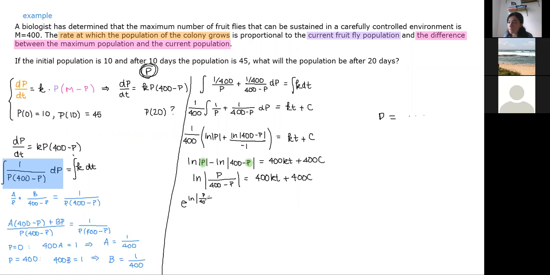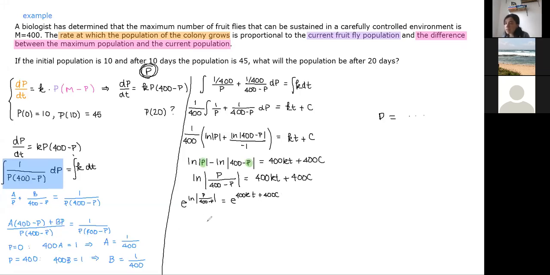minus P is going to be equal to e to the power of 400 times k times t plus 400 times c.